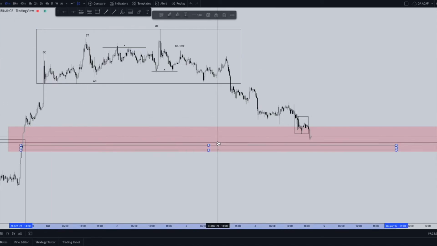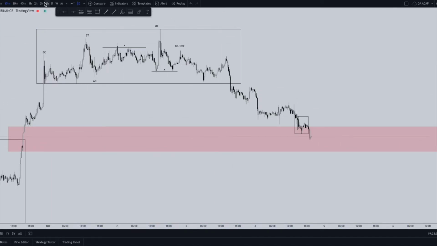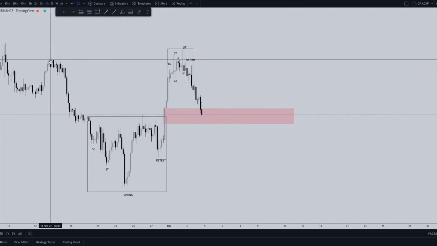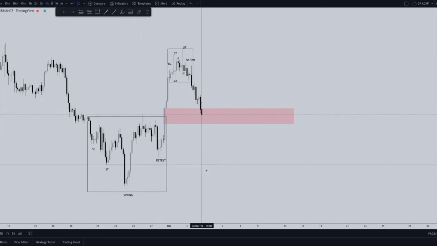But by the looks of it, on the higher time frames, we still do look overall bullish. You can see here that we almost made a breaker structure, but we did have a breaker structure from this region.